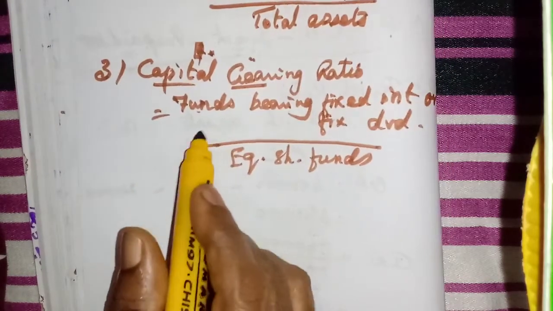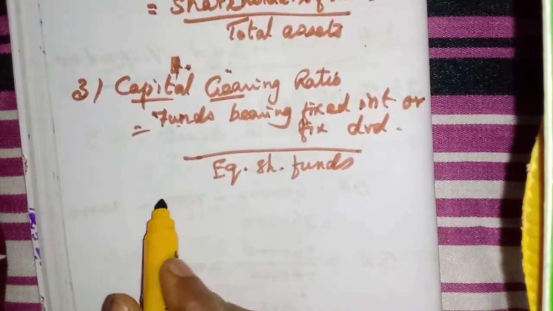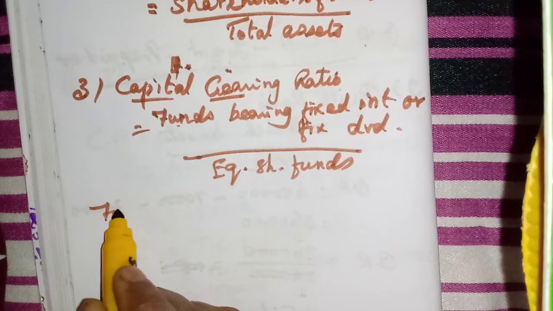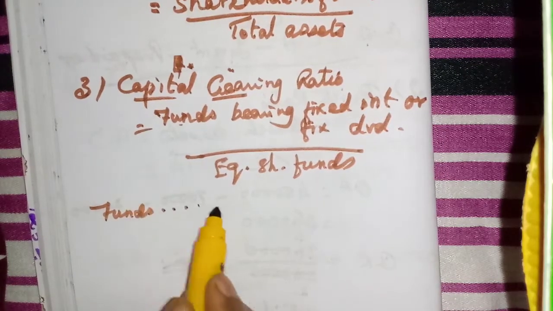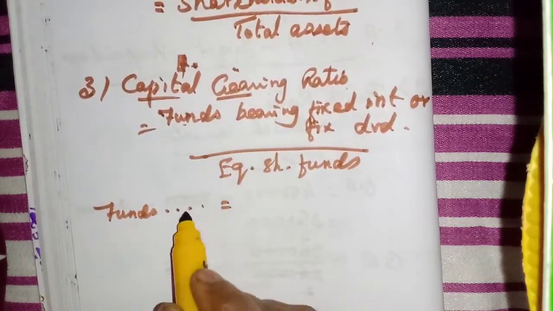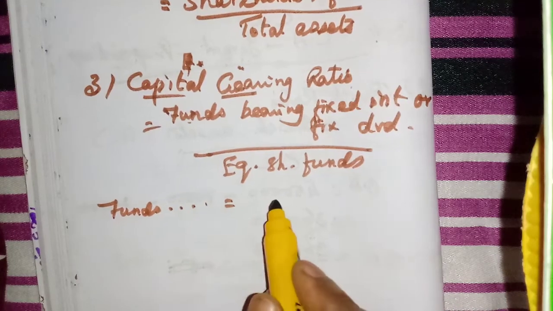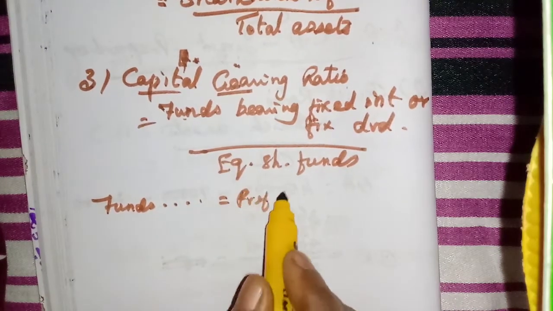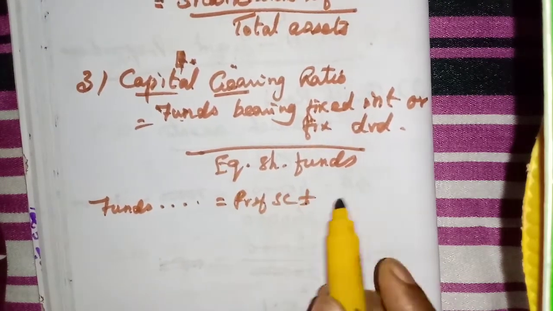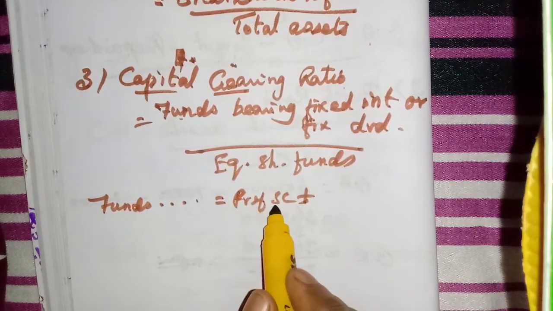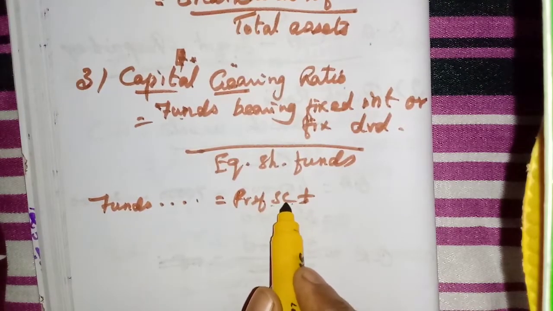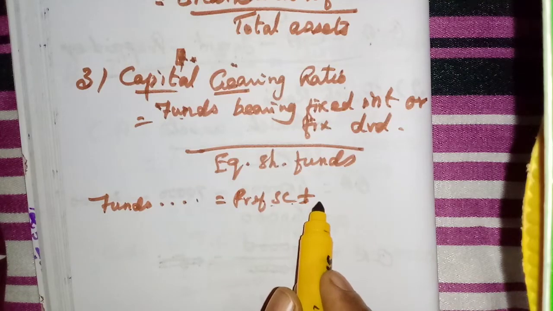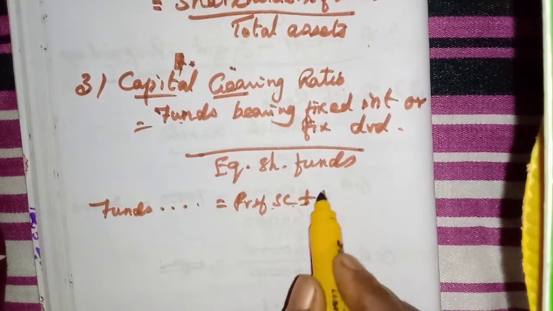What is all included to calculate this fund? Funds bearing fixed interest or fixed dividend means preference share capital, because for preference share capital we have to pay the dividend, a fixed rate of dividend. Then debenture.